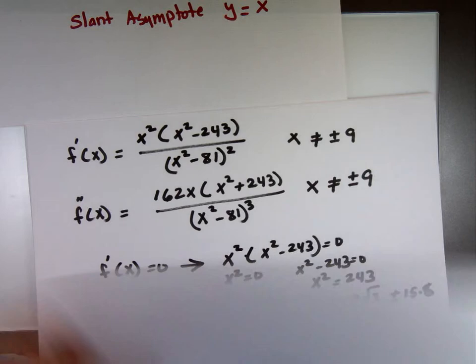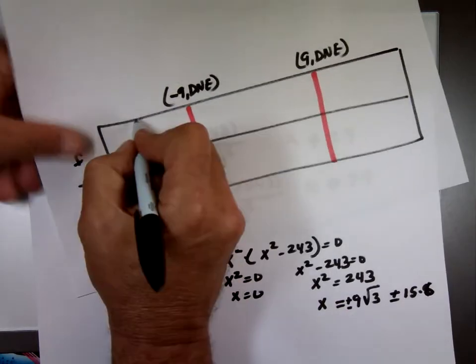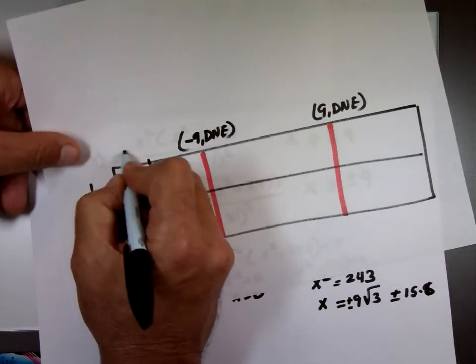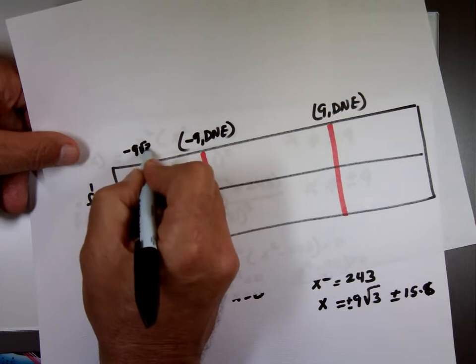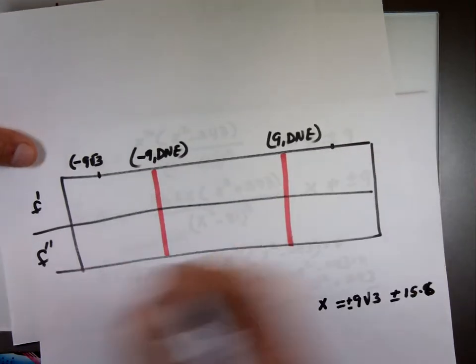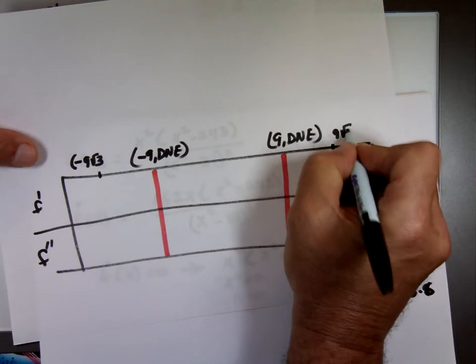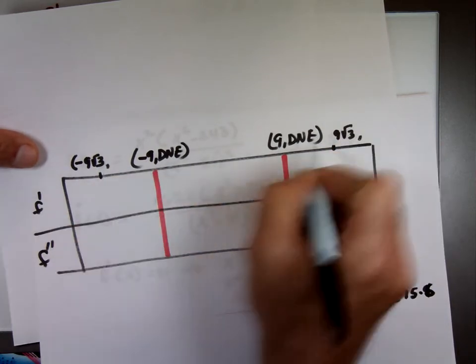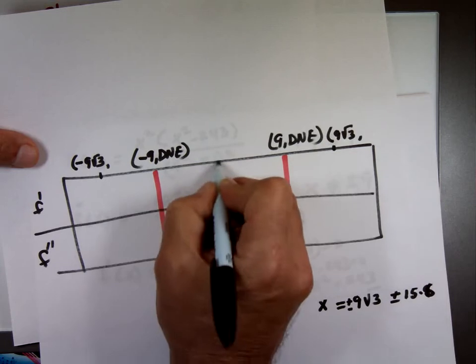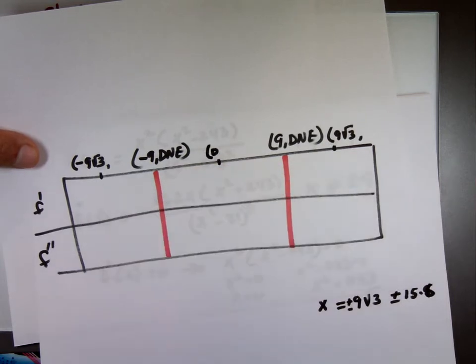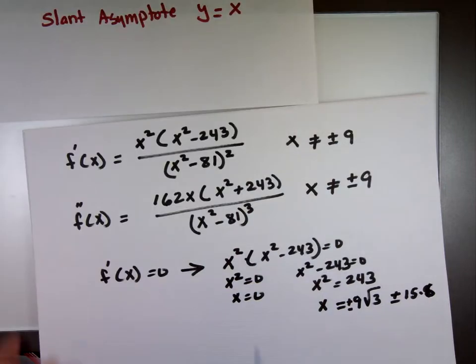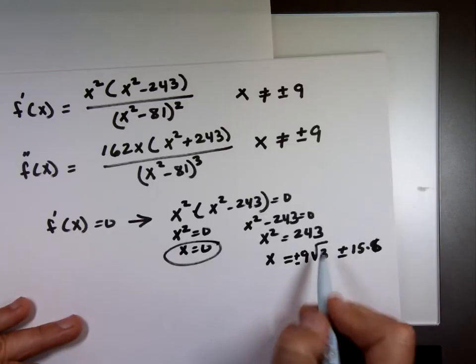So negative 9 square root of 3 is somewhere here. Now I've got to find the y value for it. And 9 square root of 3. And the other number is 0. These are the three numbers: x equals 0, x equals plus or minus 9 square root of 3.